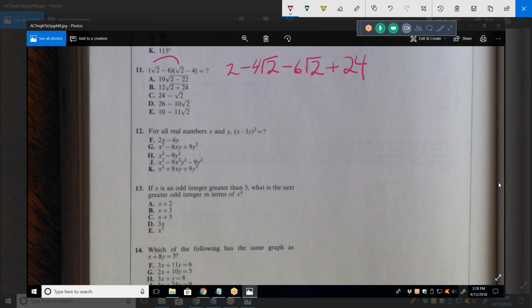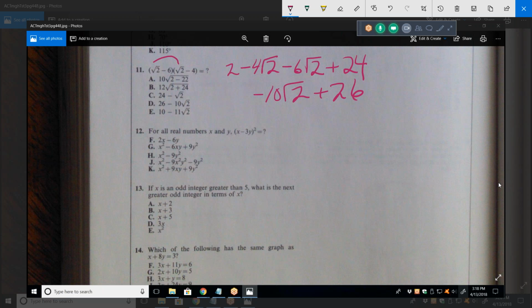So then you have to combine the -4 and the -6 with the square root 2. So then would it just be -10 square root 2 plus 26? That's not one of the answers. Which answer is that? That is an answer, actually.